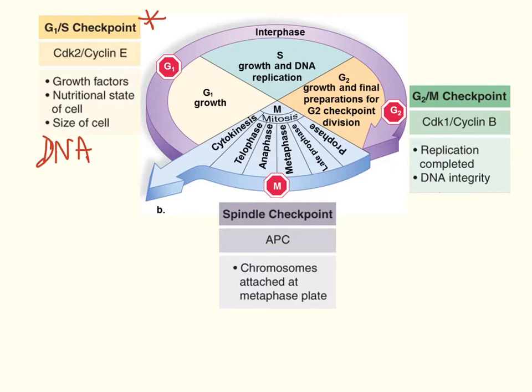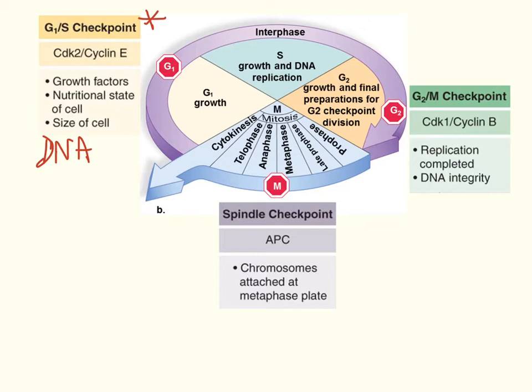This checkpoint checks that the DNA was replicated completely and correctly. So it's checking the integrity of the DNA again, but this time it's looking at both copies to make sure both copies are okay. If everything is okay, the appropriate cyclins will be released, and then the cell will enter mitosis.